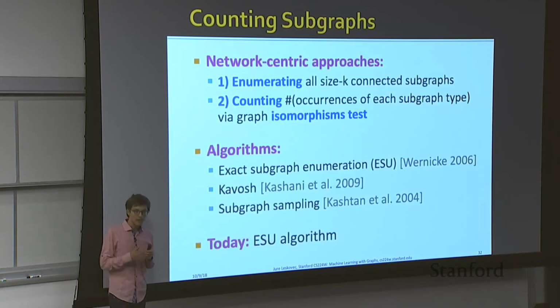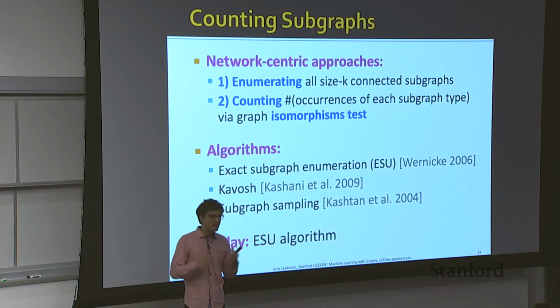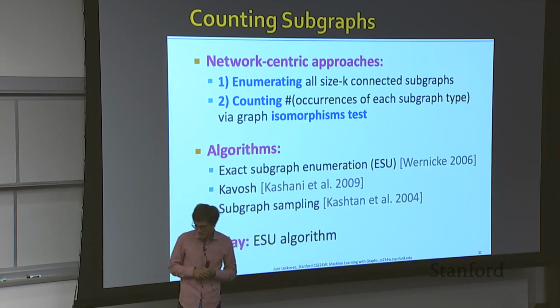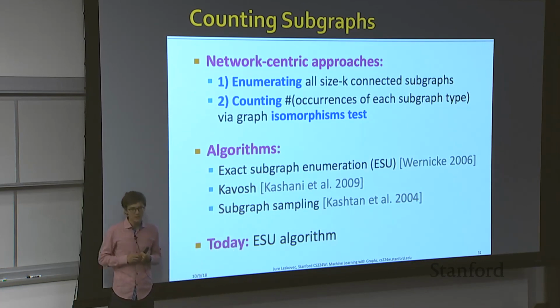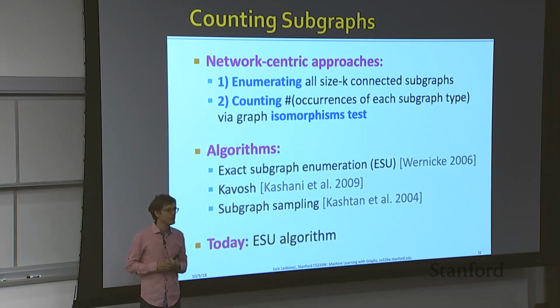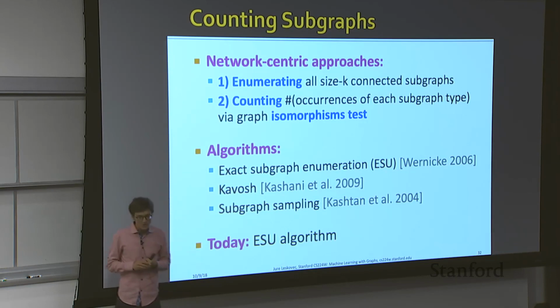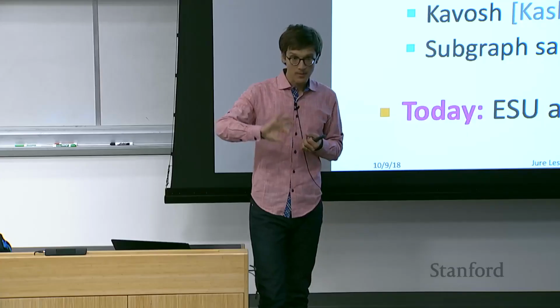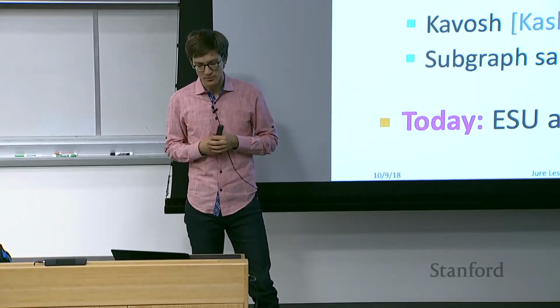I will only present here a very simple baseline algorithm for how to do these things, but there is really a lot of research in this area, and it's a very active research area right now, where people are thinking about efficient ways to do this counting and enumeration, maybe approximate counting, approximate enumeration.